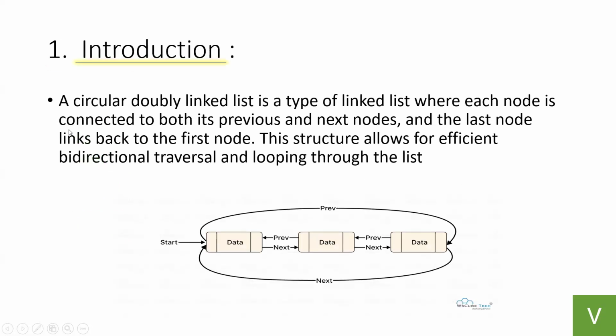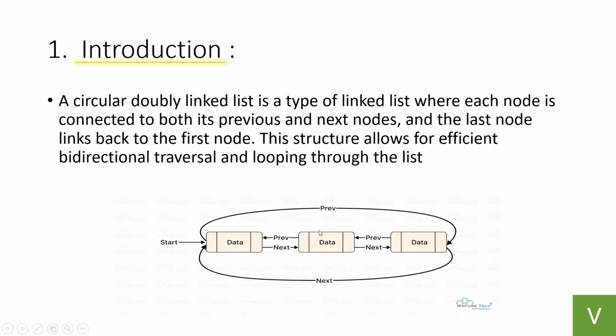Now let us see what is meant by a double circular linked list. In a double circular linked list, in a particular node, there will be three fields. The first field is the address field, which stores the address of the previous node. The second field is the data field. It acts as an input variable.